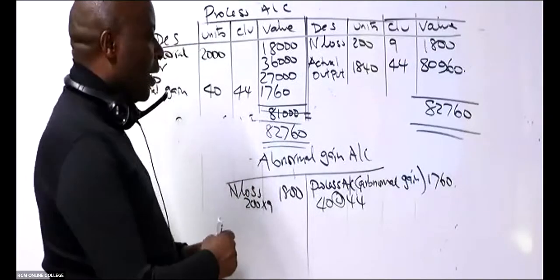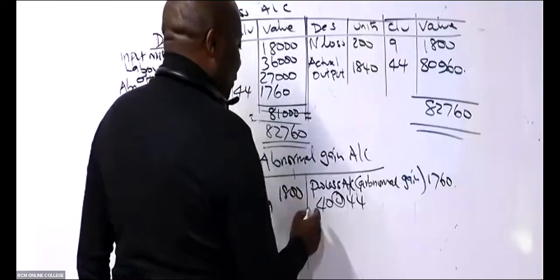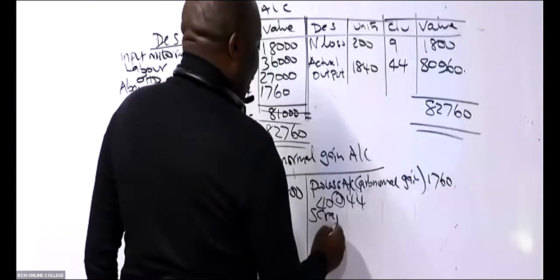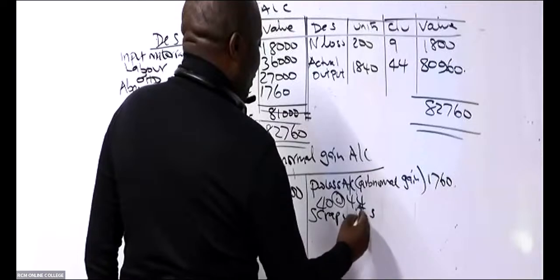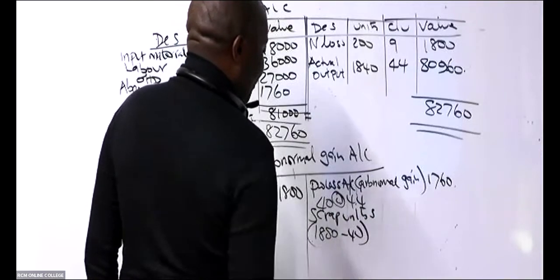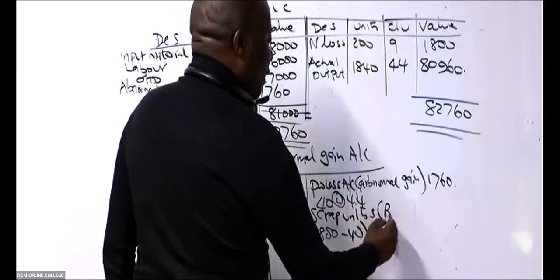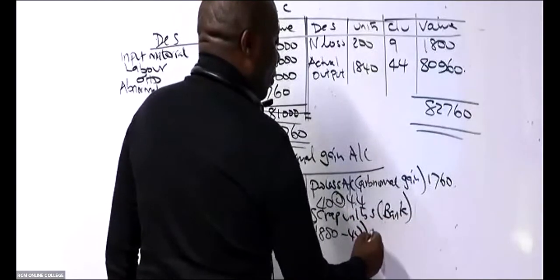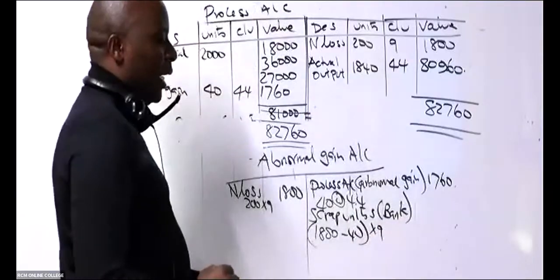So basically, in this case here, the scrap units will be 200 minus that 40. We shall sell them at 9 bob and receive the money in our bank account.